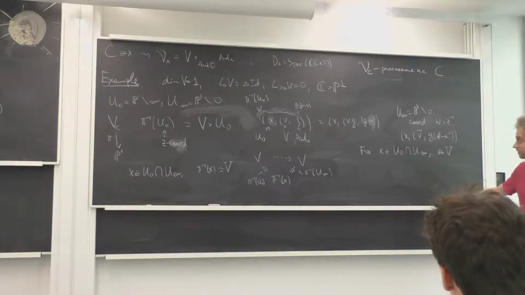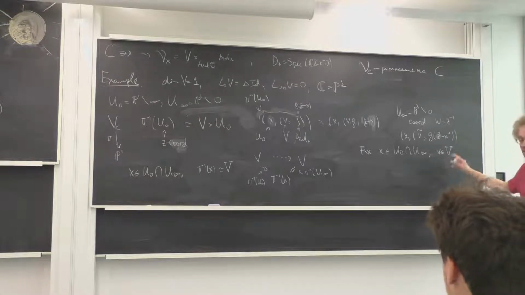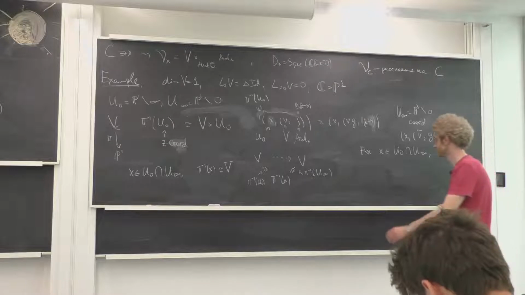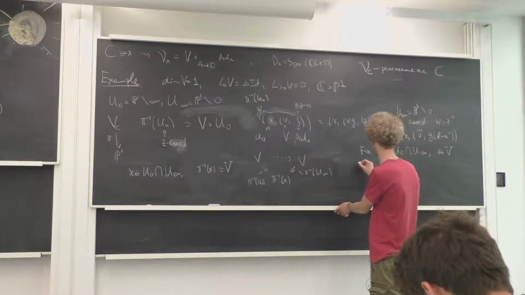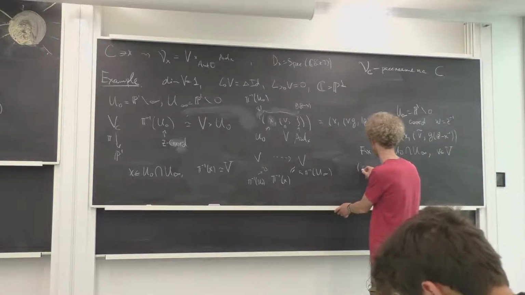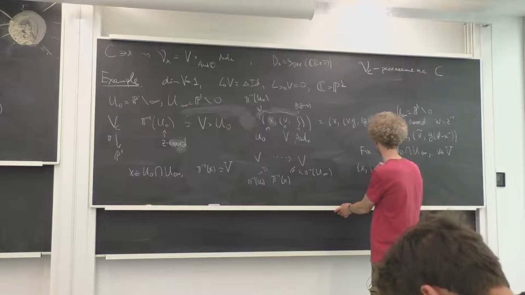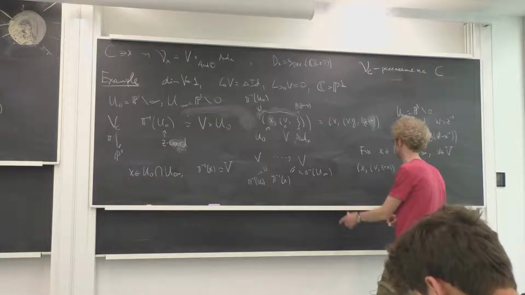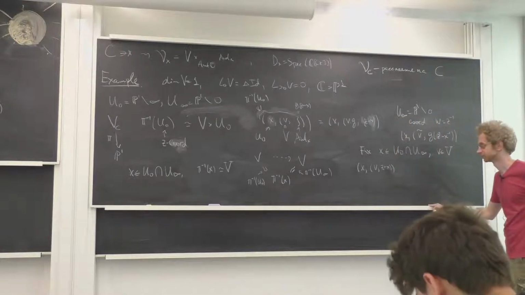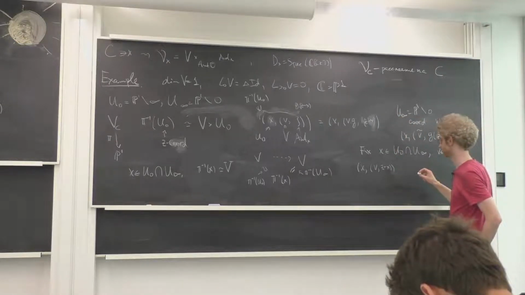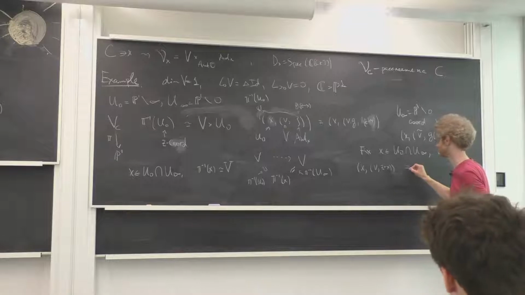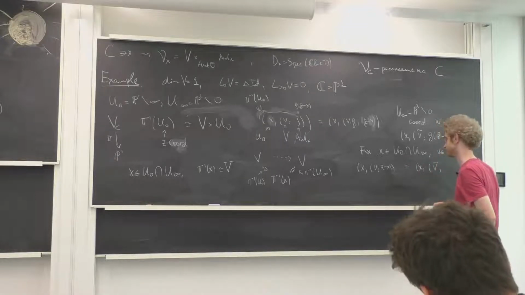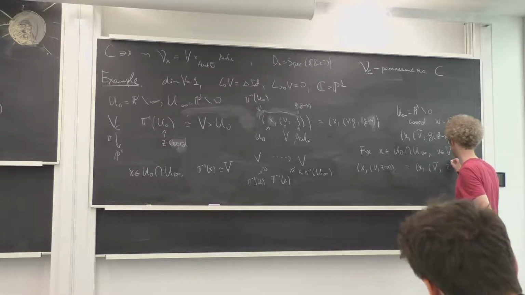It's one-dimensional, so it doesn't matter, just any vector. And then we take the point x, and then v comma z minus x. And this has to be equal to x, v tilde, and z inverse minus x.